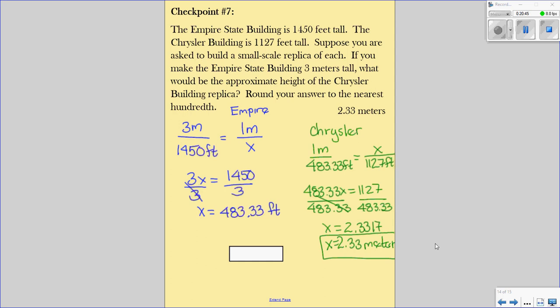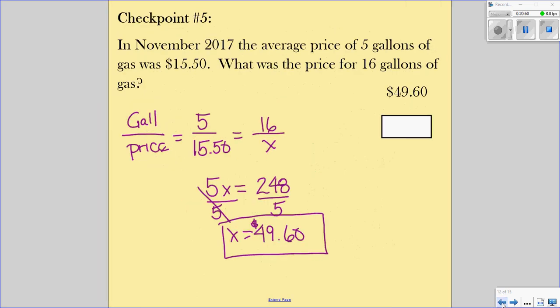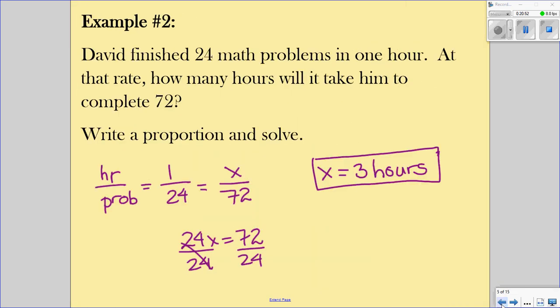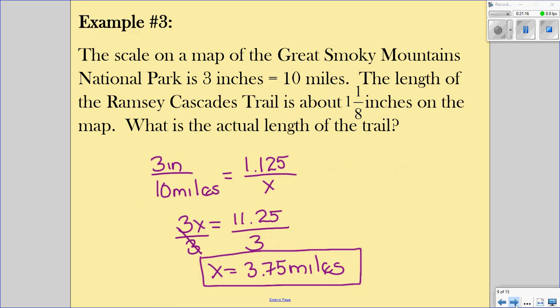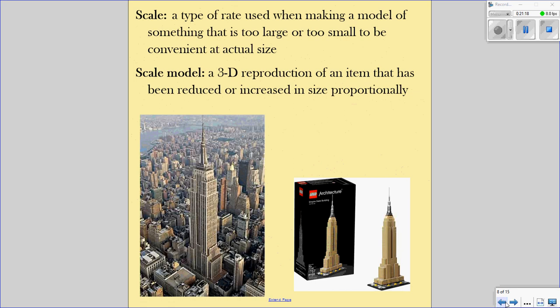Okay, so we're at the end, and just a recap of what we learned. We learned about the rate, which is the ratio of two measurements having different units of measure. Then the unit rate tells you how many of one item is being compared to the other. And then we also learned about scale and scale model.